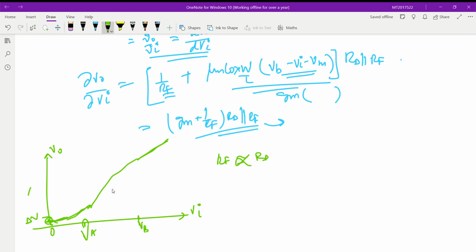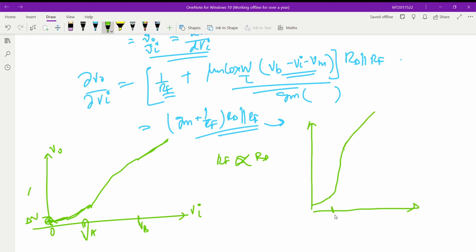So in reality, I believe this will look something like this. So you start in triode, you have a steep curve in saturation, and then you have a linear curve when the transistor is off.